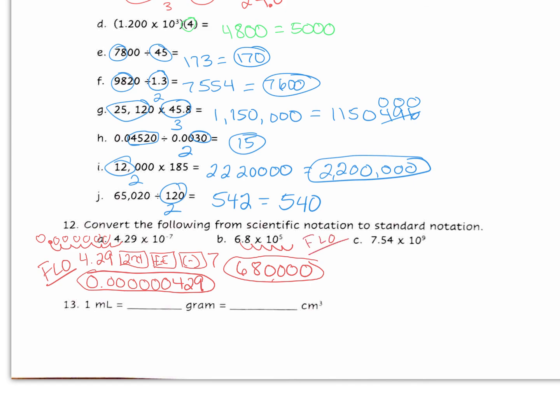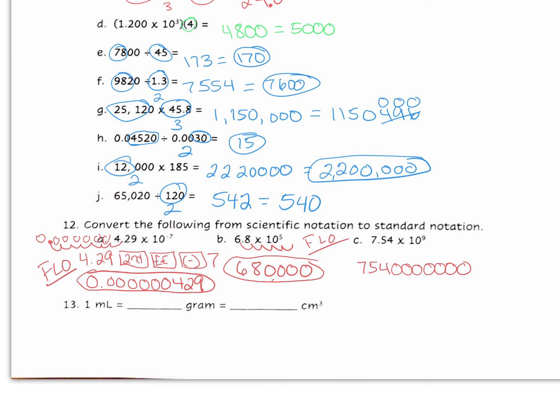And then the last one, 7.54, second exponent 9. I hit enter, and hopefully this fits in the calculator. So you have 7, 5, 4, and I have 7 zeros. So 1, 2, 3, 4, 5, 6, 7, 8, and 9.